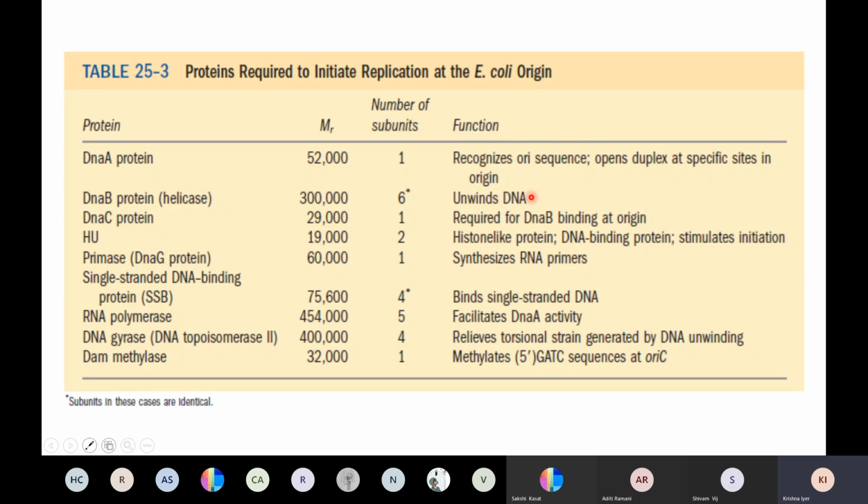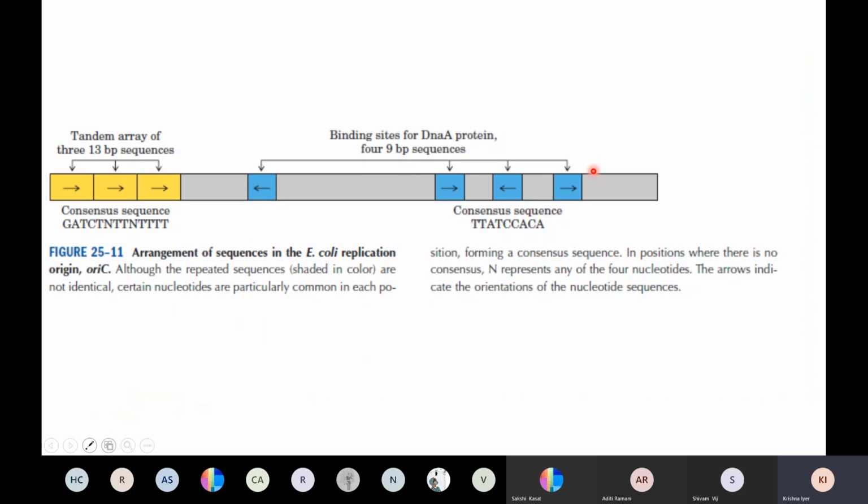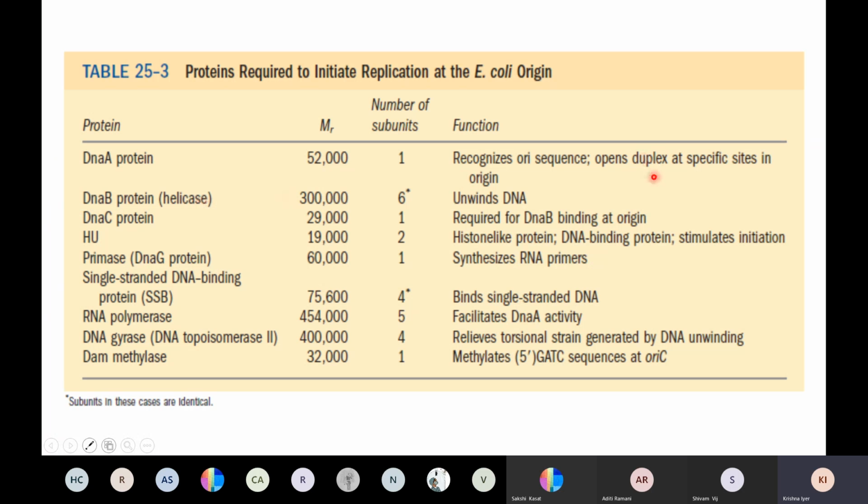ORI sequence means origin of replication sequence. This DnaA protein recognizes this origin of replication sequence, and what it does, very interestingly, is open the duplex at specific sites in this origin of replication.